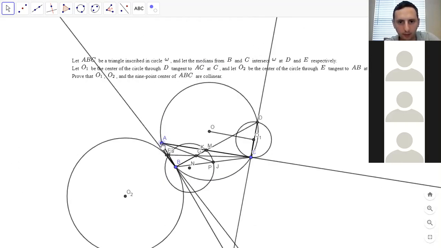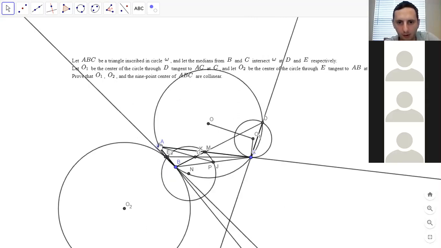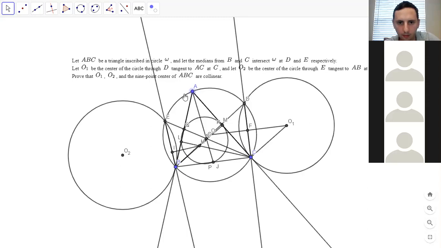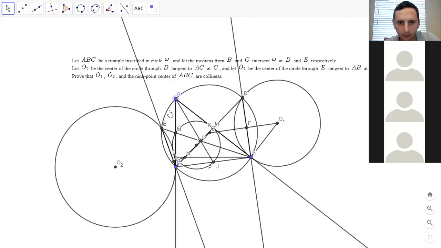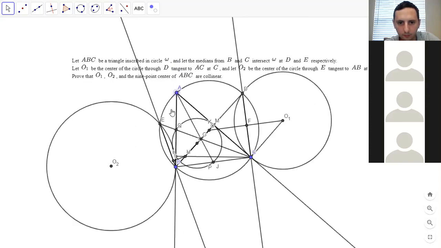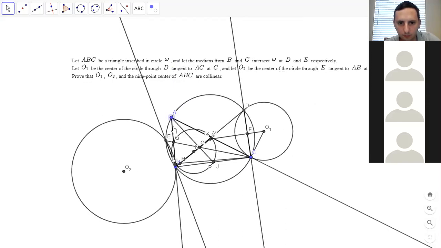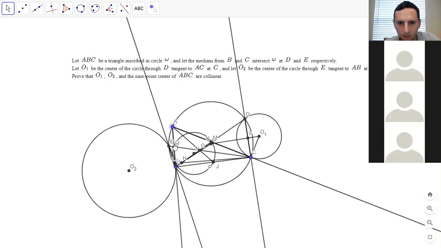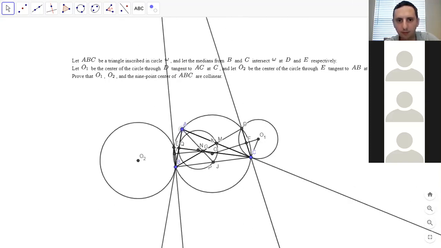Oh, you know what? I need to make a triangle like that. I want them to intersect. Okay, so, but I don't want H to disappear. That's the thing. My bad.